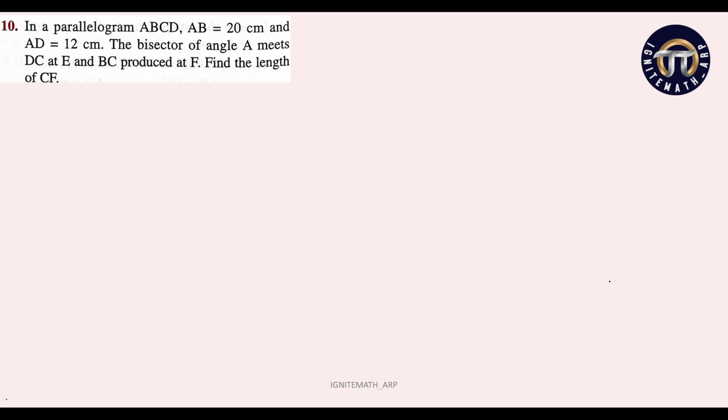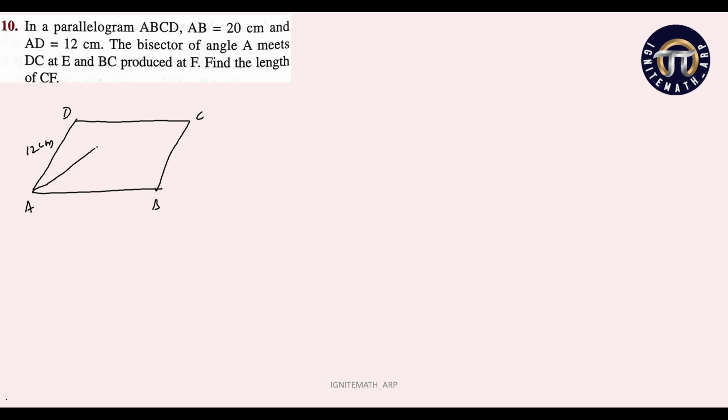A parallelogram ABCD. AB is equal to 20 centimeter. Okay. ABCD is a parallelogram. AD is equal to 12 centimeter. The bisector of angle A meets DC at E. Okay.